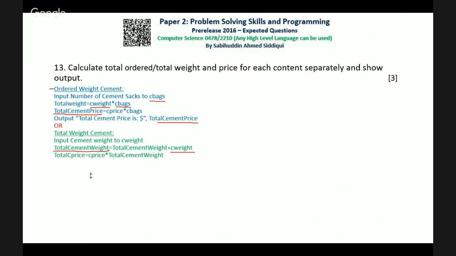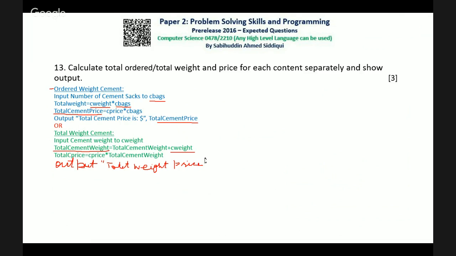So this is the output. Here you will write output for cement total, in double quotes, total weight, total output, total price, total weight price, right?